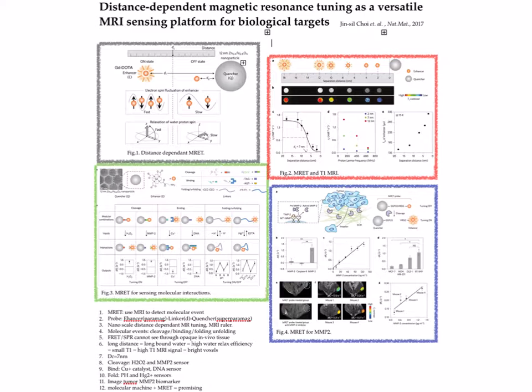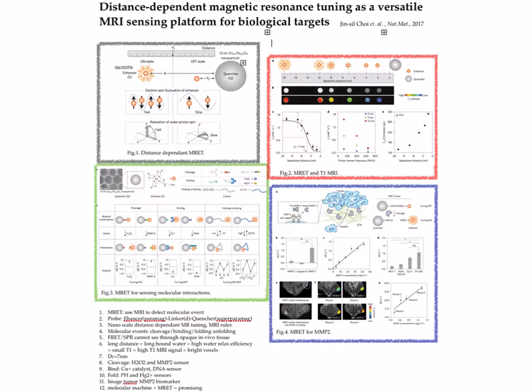This is very interesting because here is one result you can see. We call them enhancer E and quencher Q. If you put Q and E quite close, there is no T1 signal. If you put them quite far away, the T1 image is quite bright.